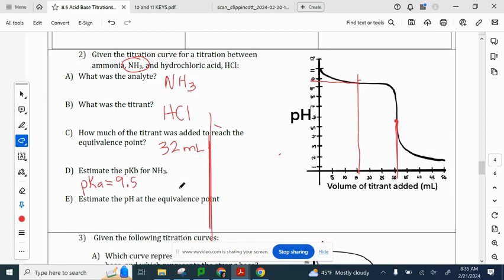No, this is pKa. The pKa at half equivalence is 9.5. It doesn't matter. The pKa is at half equivalence. So then pKb can be calculated by doing what?